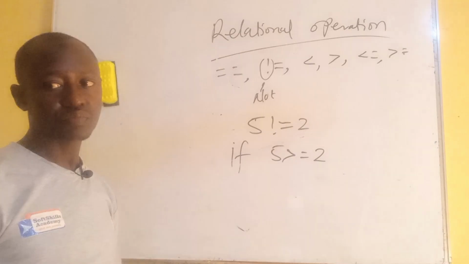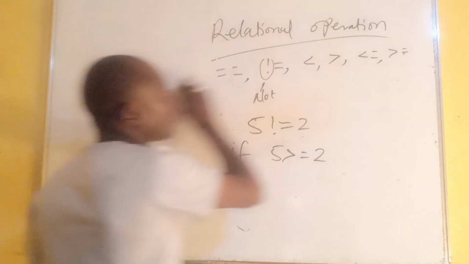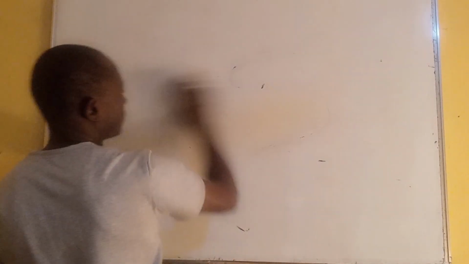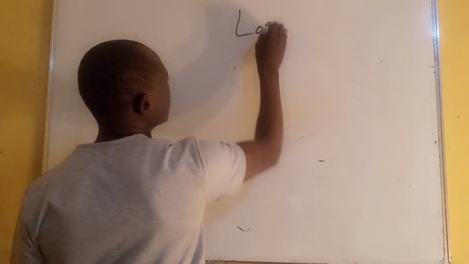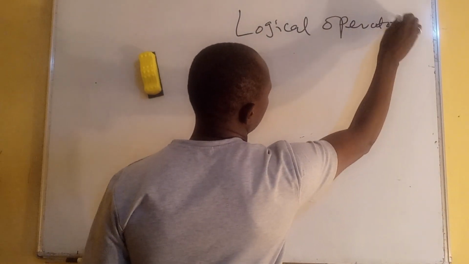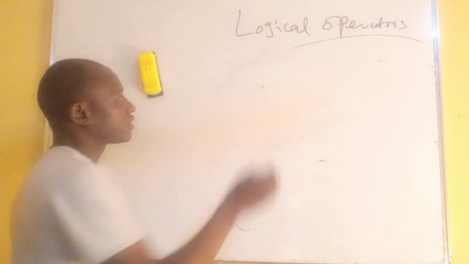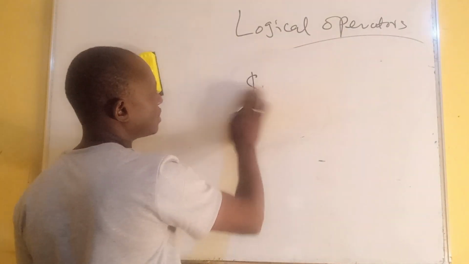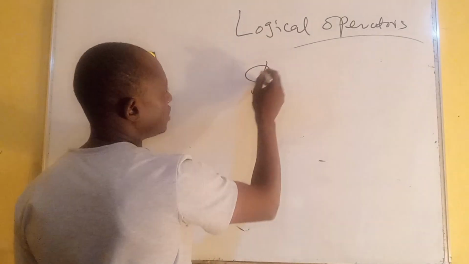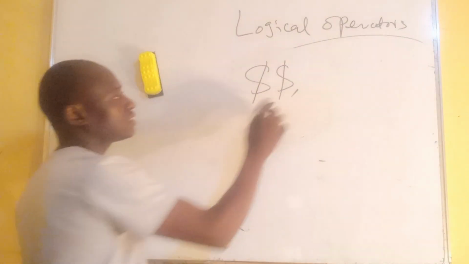Are we together? So we also have what we call logical operators or logical operations. Here in logical operators we have double ampersand, which denotes and.